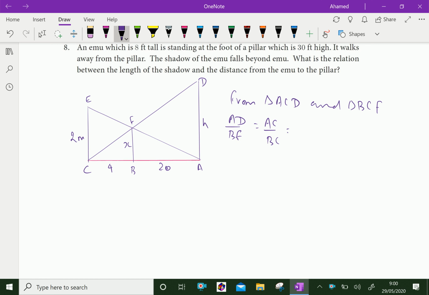Here we'll put the values for each side.